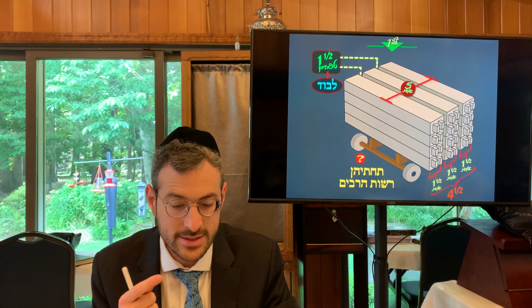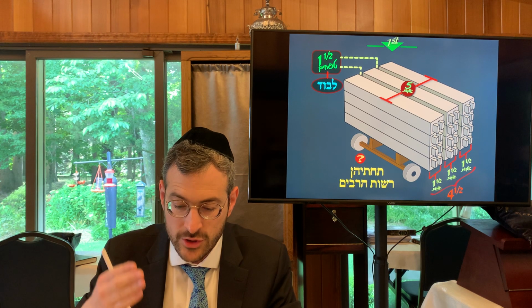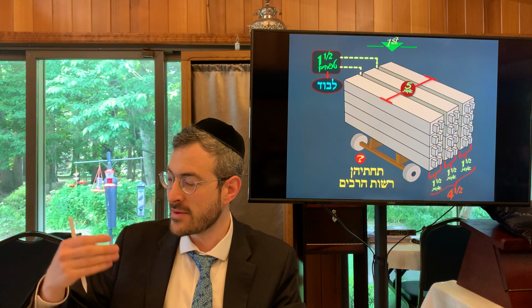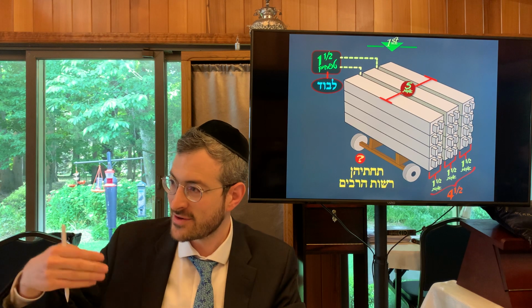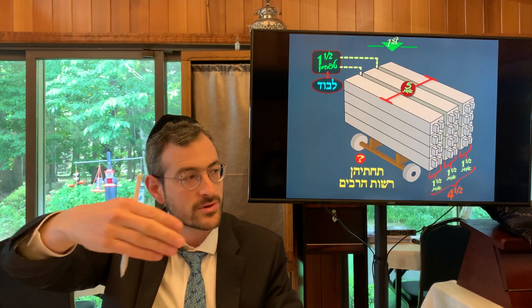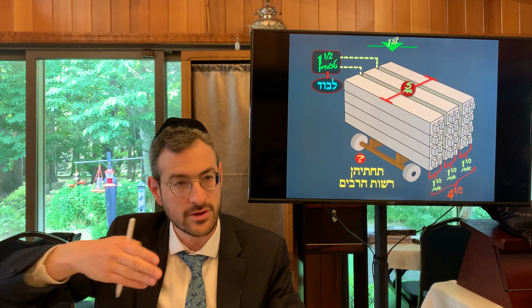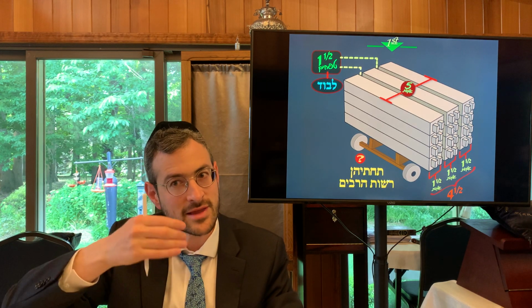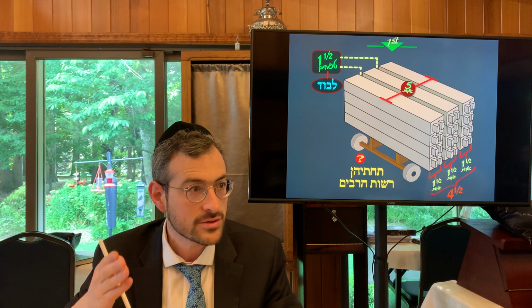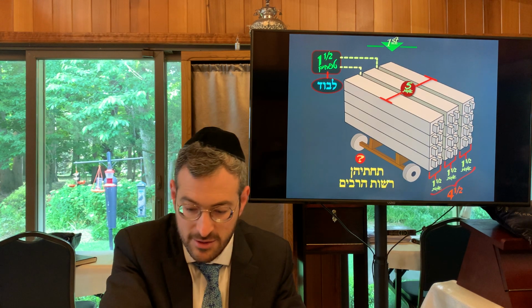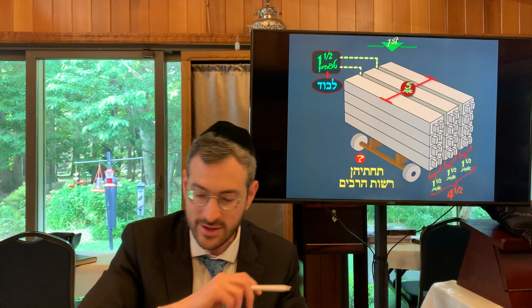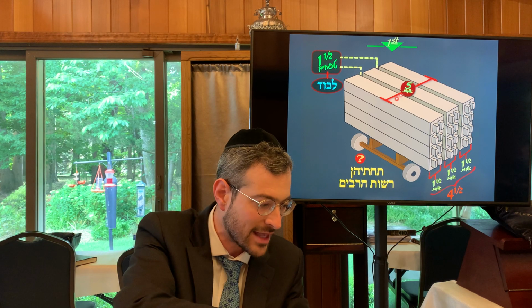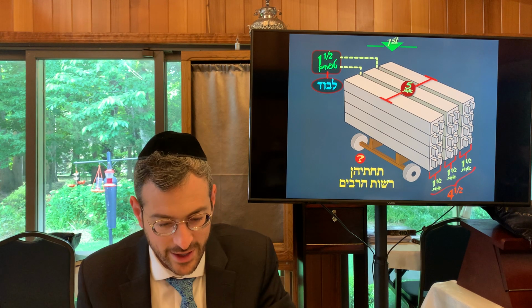Now, if that's the case, kama mosiv? How many boards could you put along the length? Remember, you're putting the boards along the length. The width of the boards are on the length, and the length is on the width. So this is exactly the picture. 5 amos is the length of the wagon.